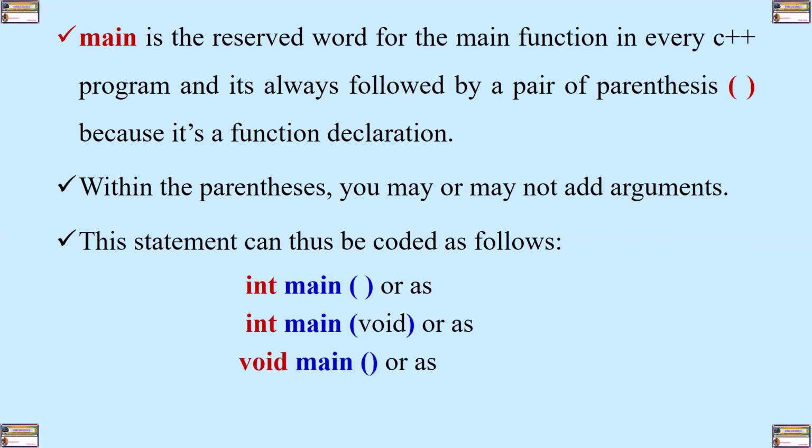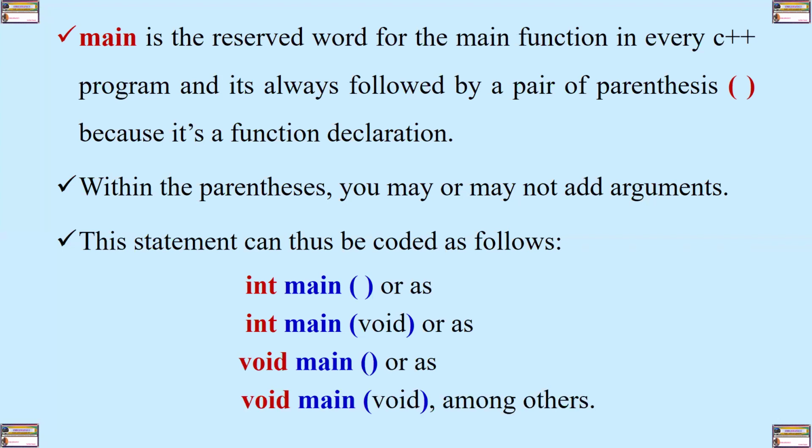You can also have it as void main with empty parentheses. This simply means that this function called main, which is the main function for any C++ program, is not going to return any value anywhere to any caller. So it has no caller.